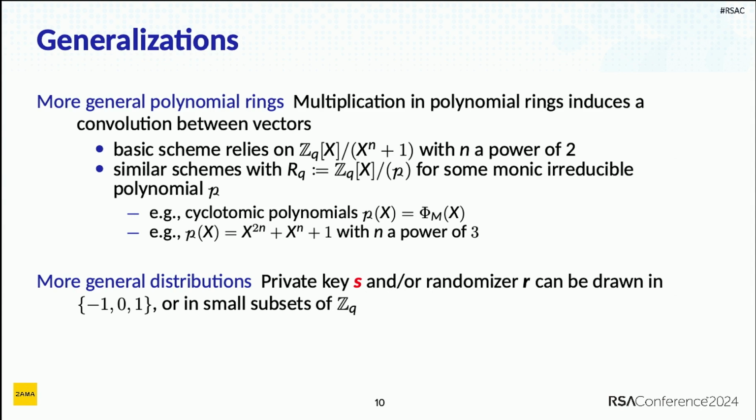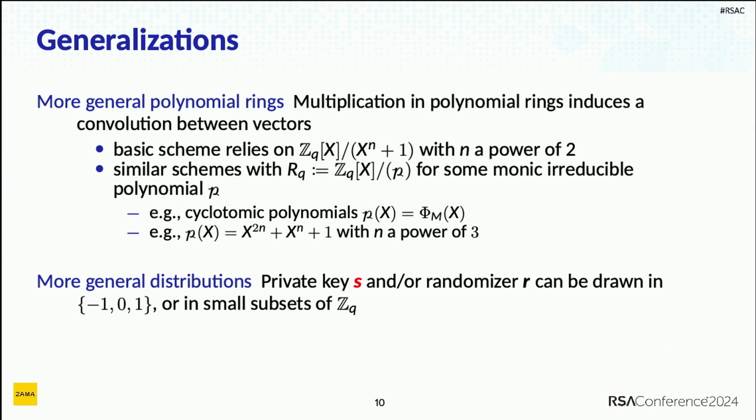Also, I was assuming that S was a binary string, but you can take a more general string. Because there is that bootstrapping operation, to make it faster, typically we choose small values for S, like binary, but you can also have a ternary distribution.